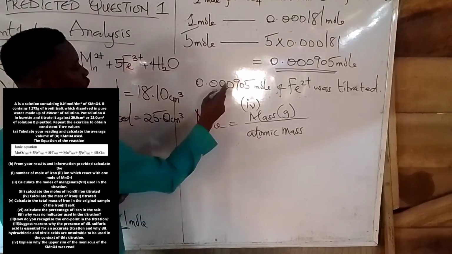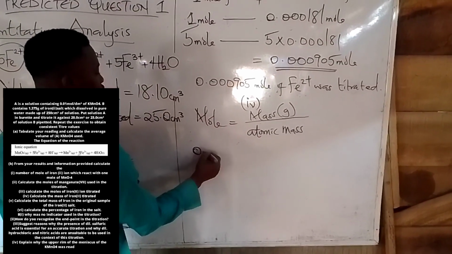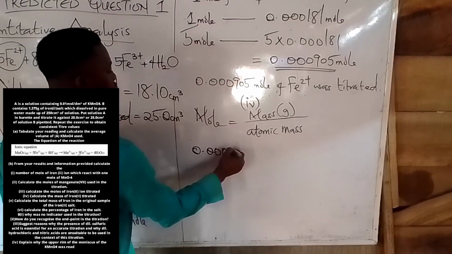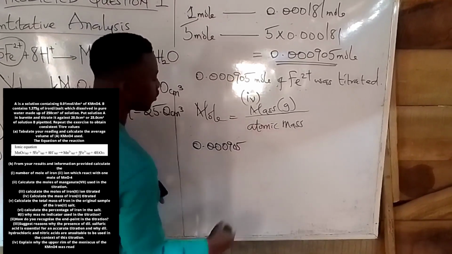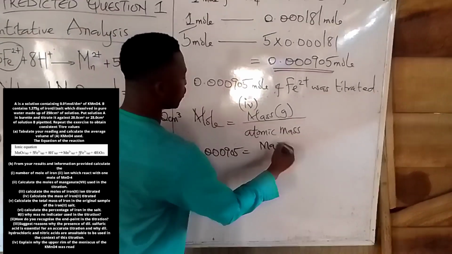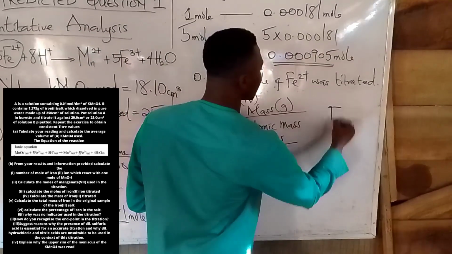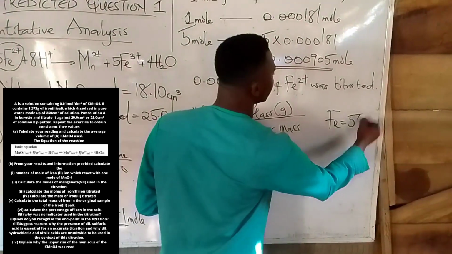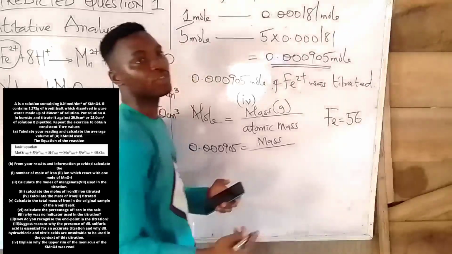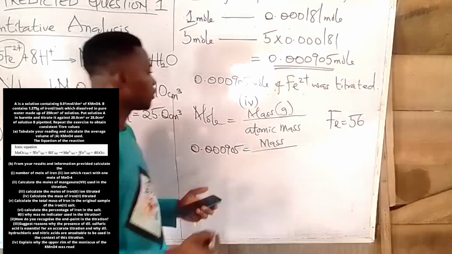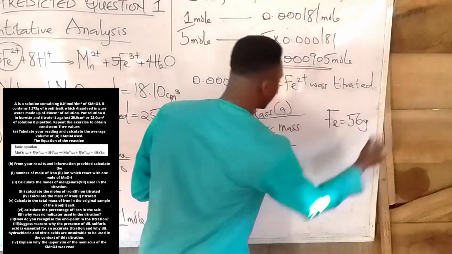So what is our mole? Our mole, according to the question, is 0.000905. Now the mass is what we are looking for, divided by the atomic mass of iron. Remember that iron is 56. Some scholars will say 55.8, but I'm using 56 for this level.